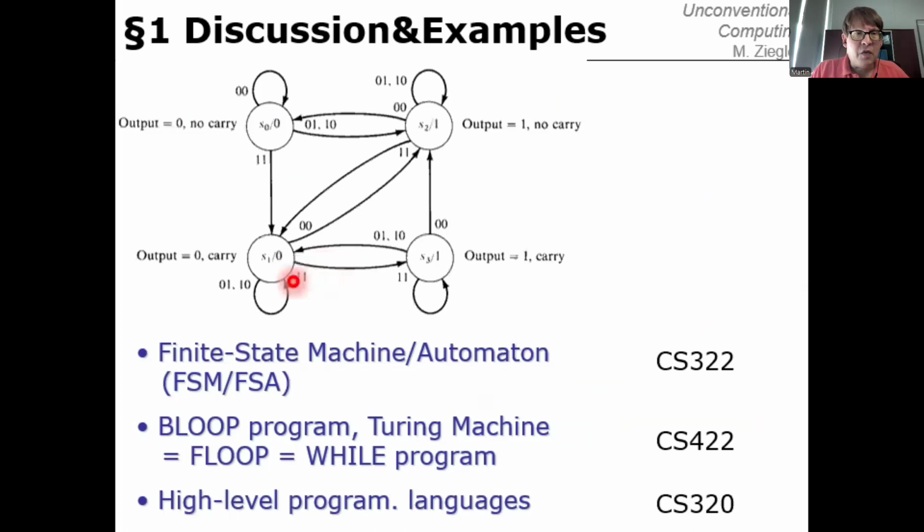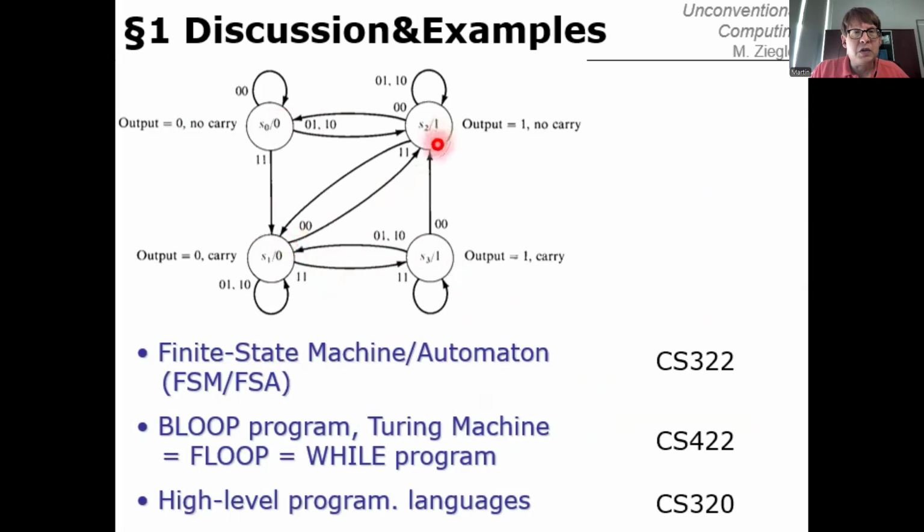But here's an example of a finite state machine for adding two bits. It reads sequences of pairs of bits, with carry. And it has four states, depending on whether it currently has a carry stored or not. But that would only require two states, but here there are four states, and these are the transitions.